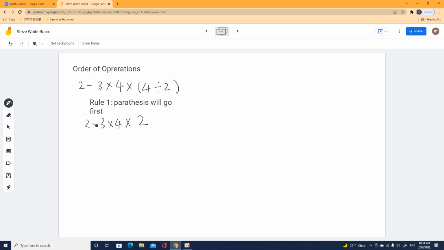Then we have the subtract and the multiply. So rule 2 is multiplication.